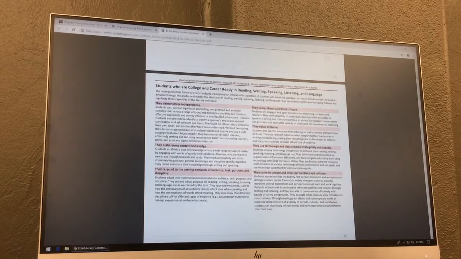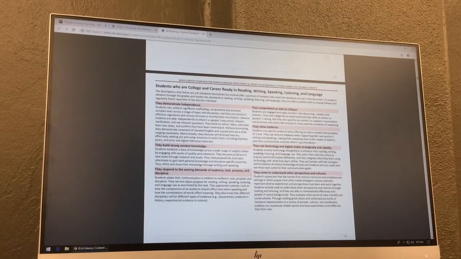Students who are college and career ready also respond to the varying demands of audience, task, purpose, and discipline. Honestly, I don't fully understand all of these, but I like this part. Students adapt their communication or writing. I think it says writing somewhere in there, in relation to audience, task, purpose, and discipline.